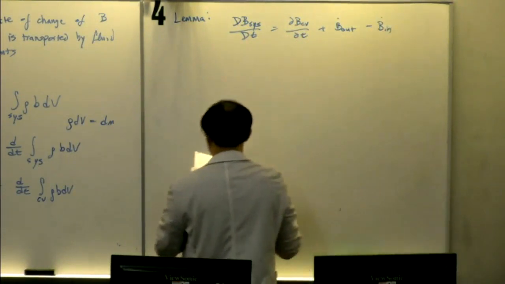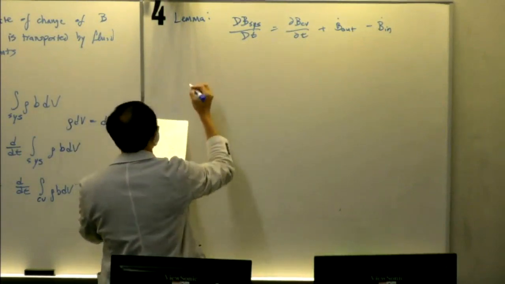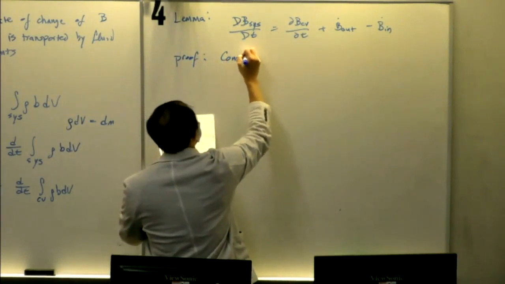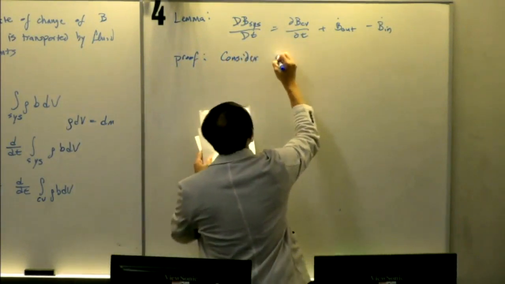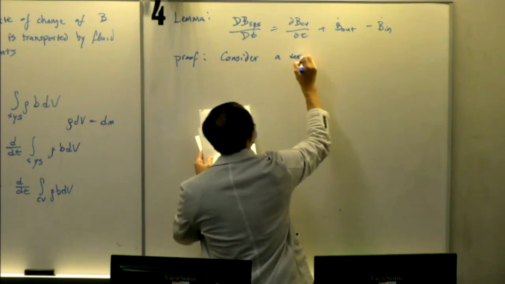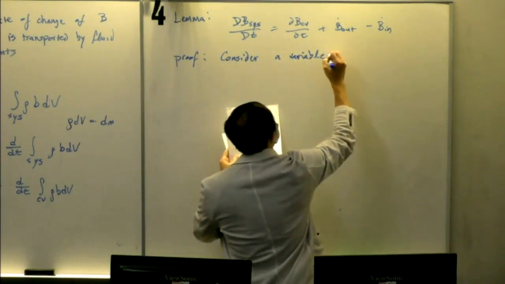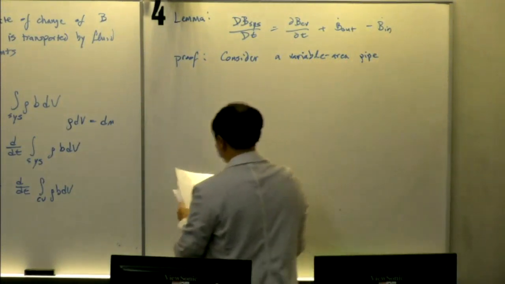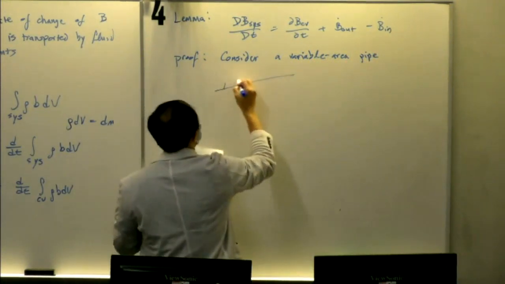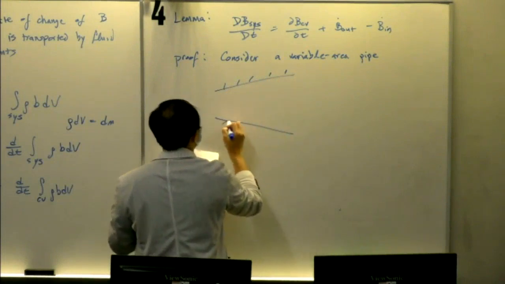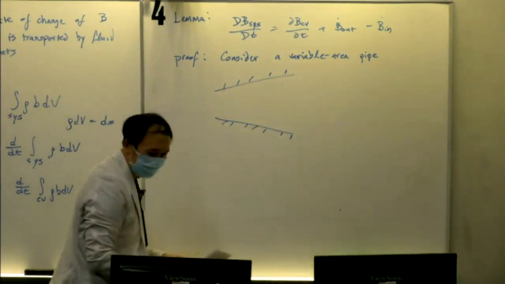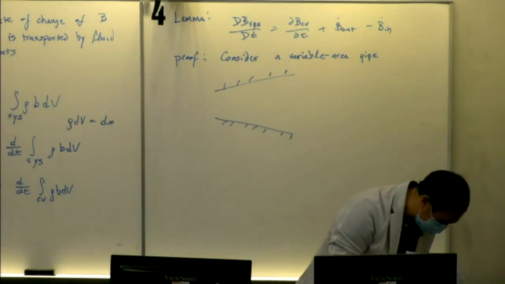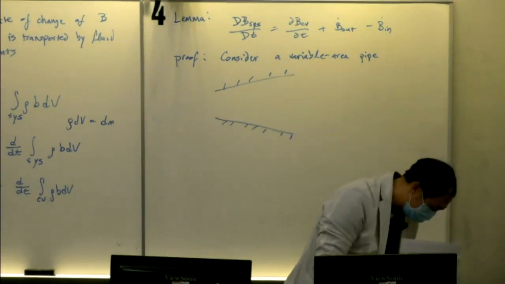All right. So let's consider the warm-up problem. That's a variable area pipe. All right, I actually got to use 2 colors, so it's super clear.